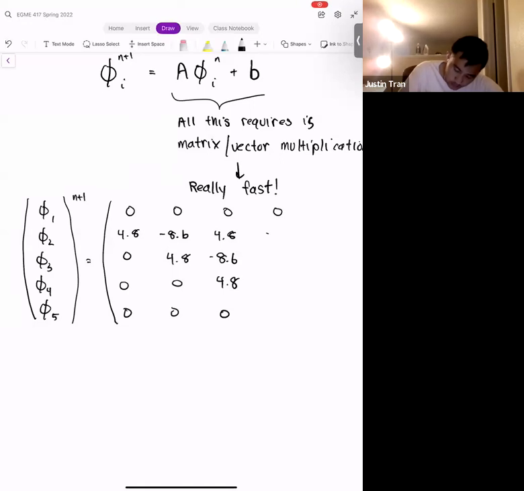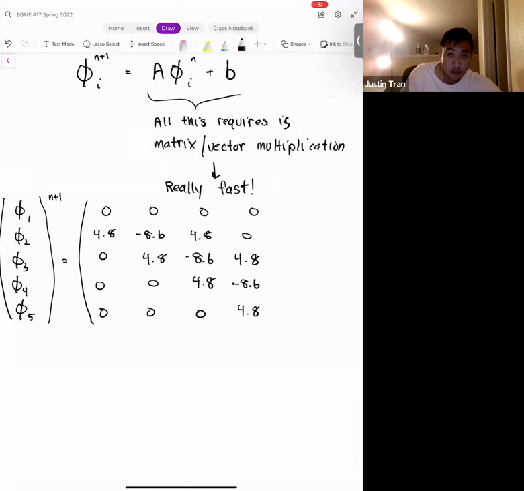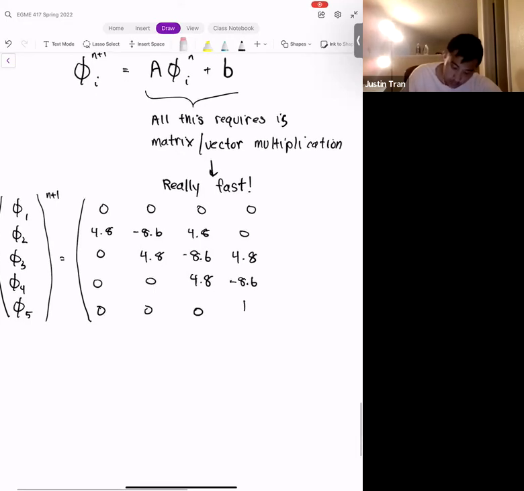We have 0, 0, 4.8, minus 8.6, 4.8. This last row, excuse me, we don't have a 4.8 there. This is the last row, so this is just a 1. And we have 0, 0, 0, 0, 4.8, and 0. And so this is multiplied by all the phi i's.